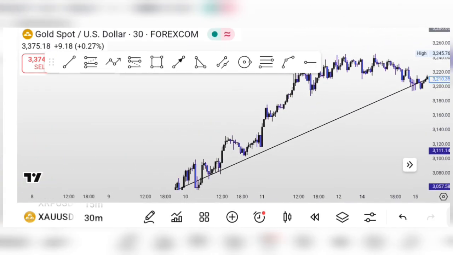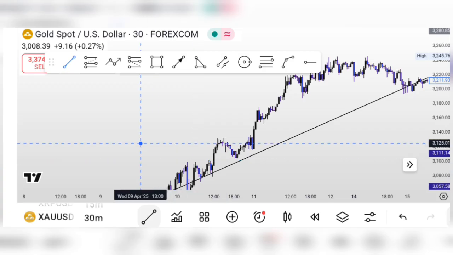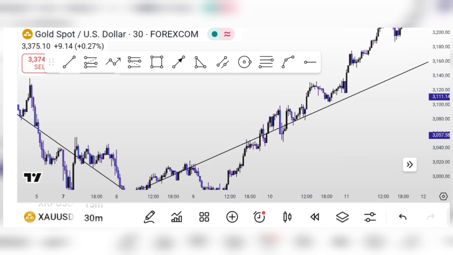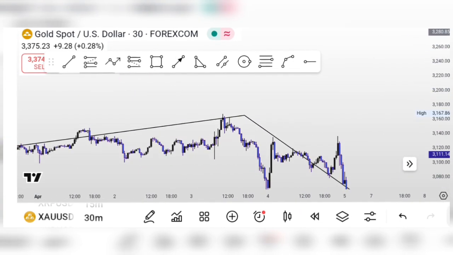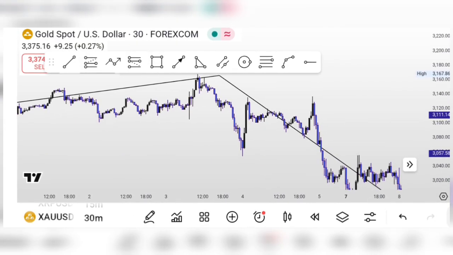Let me find the break of structure. Sorry, the break of structure is like I'm not seeing. Let me check here. This is a downtrend.